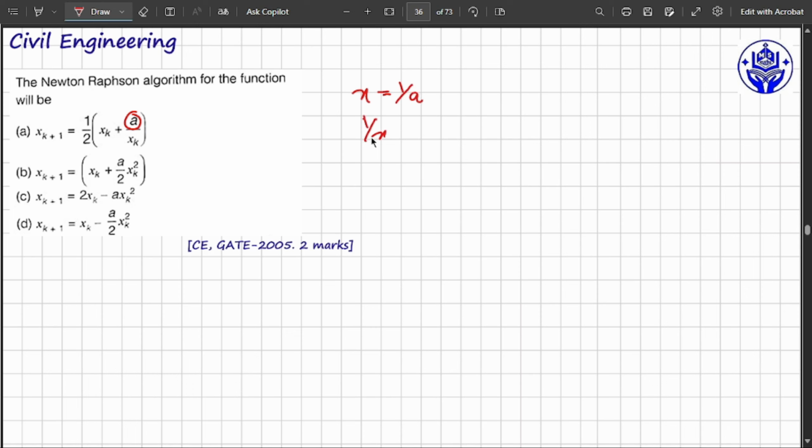So 1 by x equals a, then 1 by x minus a equals 0 will be the equation. If you find the numerical Newton-Raphson scheme for this, you can easily get it.